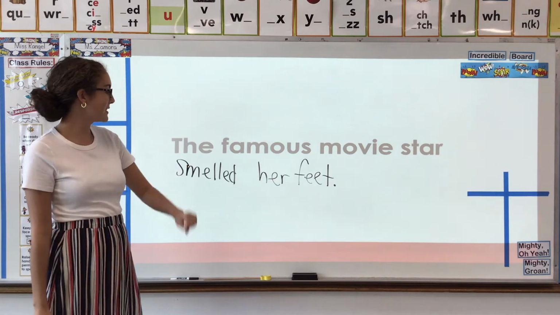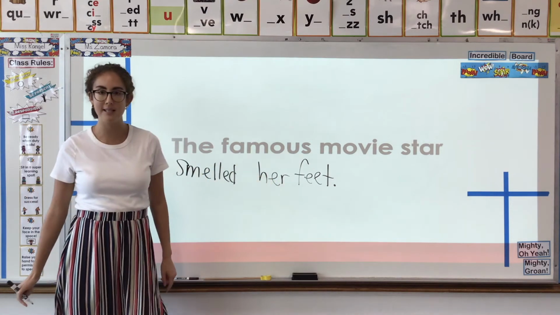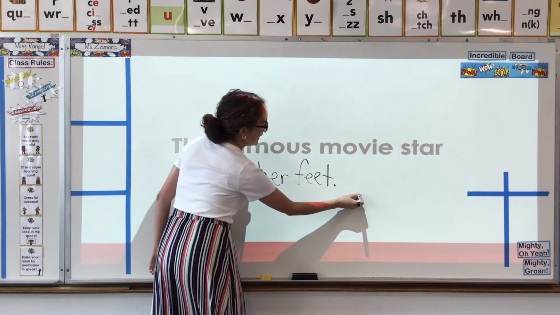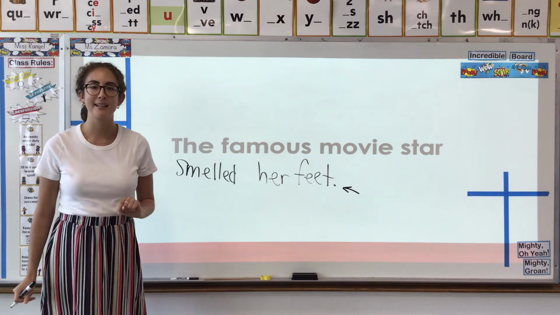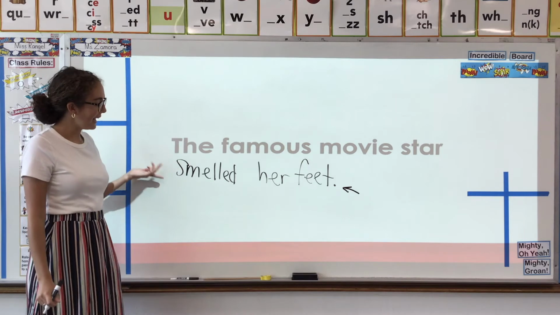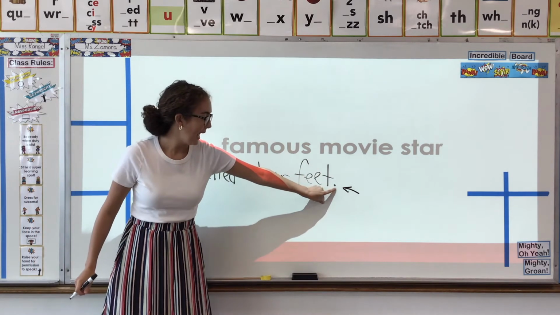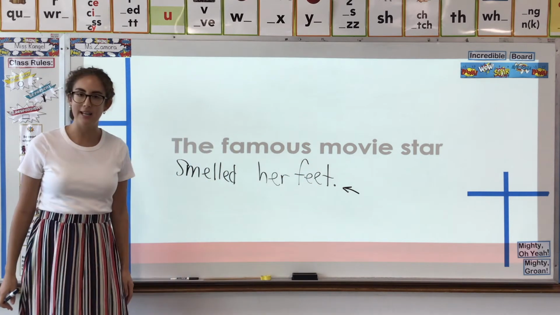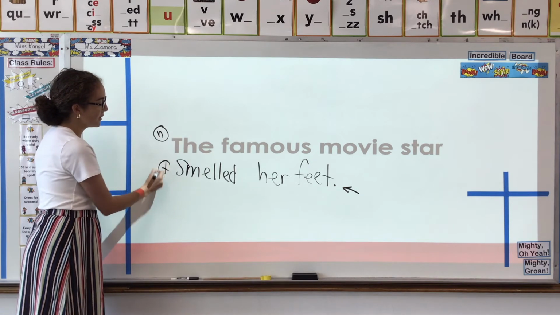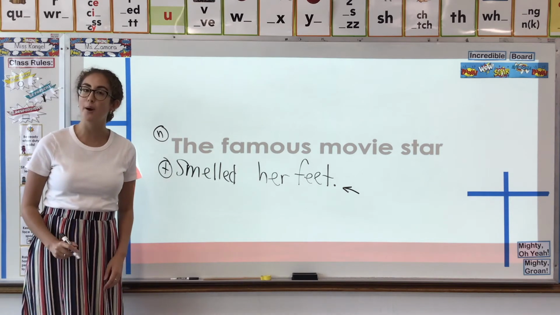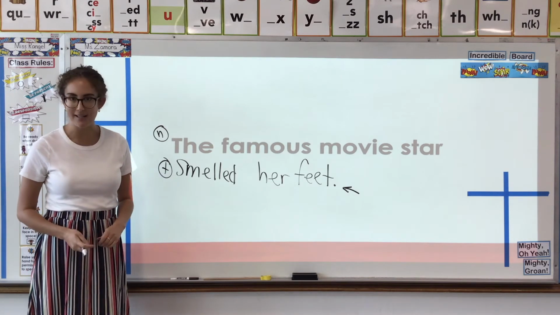The famous movie star smelled her feet. And what did I use to end my sentence? A period. Because in our telling part, it ends our sentence, and we make sure to end it with a period. So I have my naming part, and afterwards, I wrote my telling part about what that movie star did.